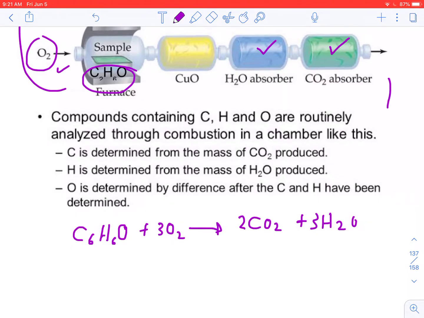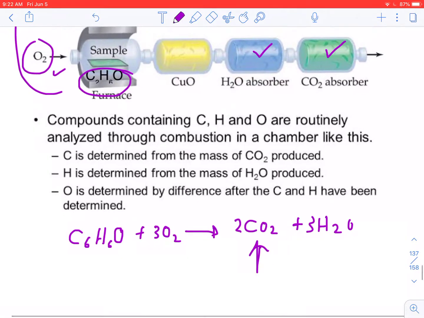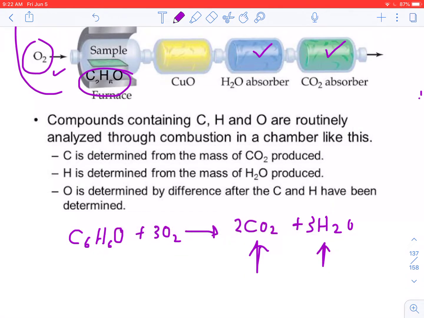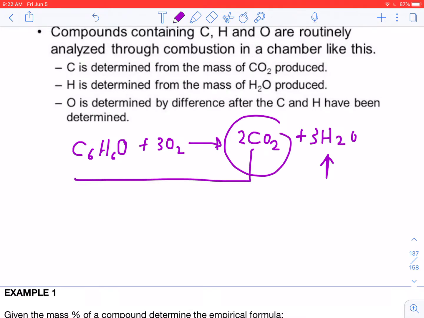So if we now get the mass of CO2 in this carbon dioxide absorber there, and we get the mass of water in the water absorber, we can then work backward, because if we know the mass of carbon dioxide that's produced, we can indirectly get the mass of carbon that was in the sample.